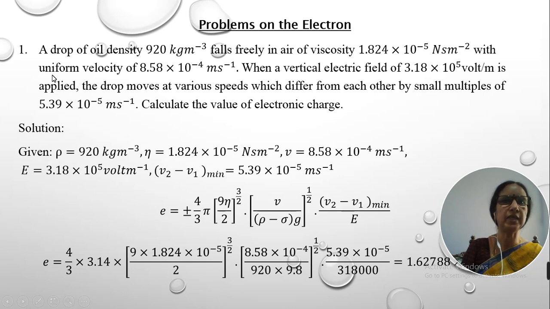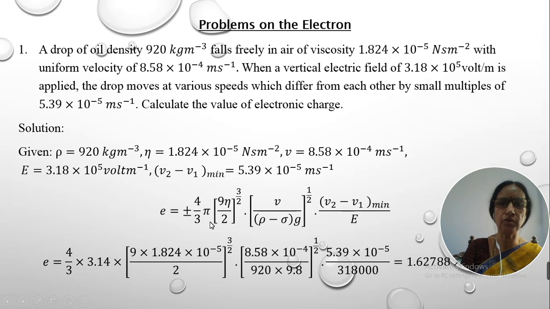The uniform velocity means the terminal velocity is given here, so please write down the terminal velocity as the given value. Then the vertical electric field is given here, 3.18 into 10 raised to 5 volt per meter. And the drop moves at various speeds which differ from each other by small multiples, which means this must be V2 minus V1 minimum. Okay, so the electron charge is to be calculated here.